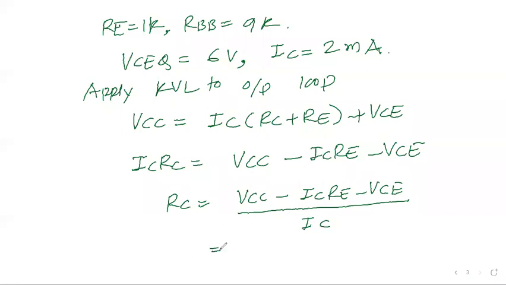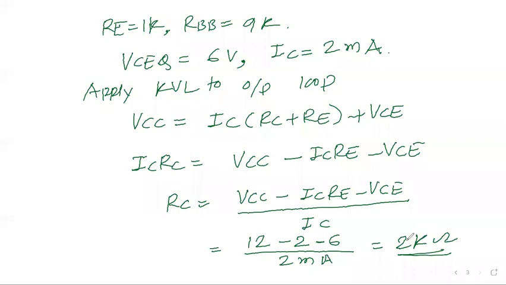Here everything is known to you. So 12 volt, IC is 2 milliamperes, RE is 1K, that means 2, and VCE is 6, divided by 2 milliamperes. So 12 minus 8, that is 4. 4 divided by 2 milliamperes is nothing but 2 kilo ohms.